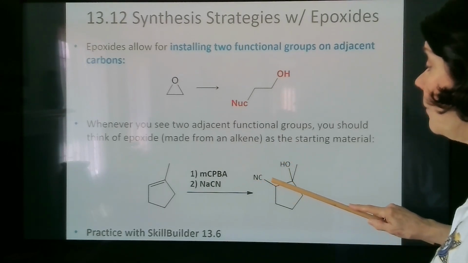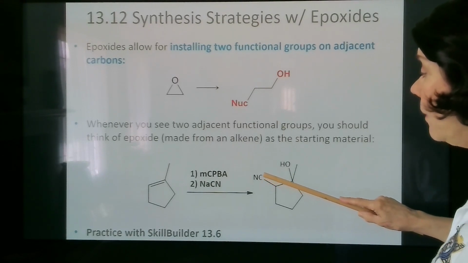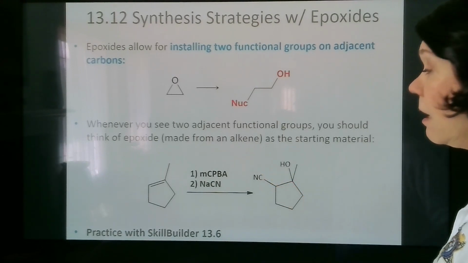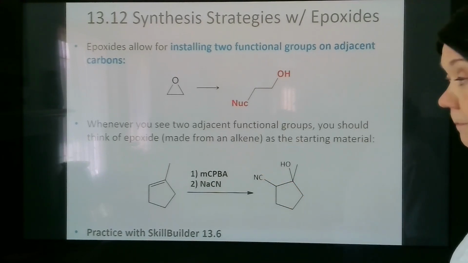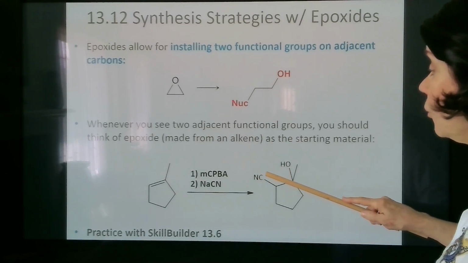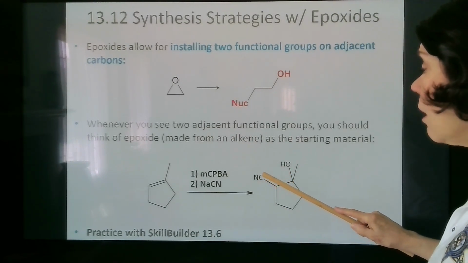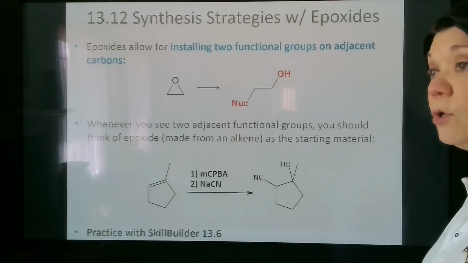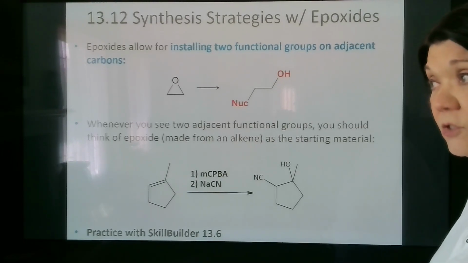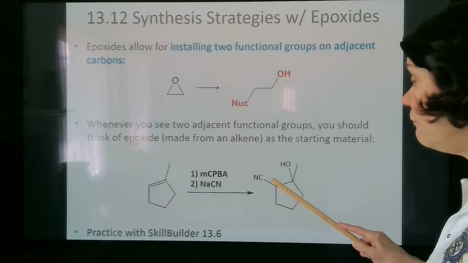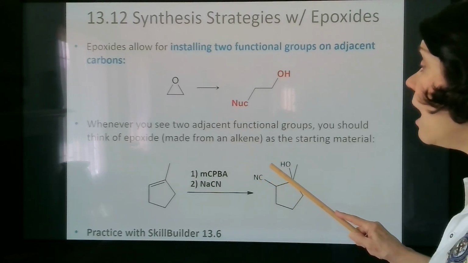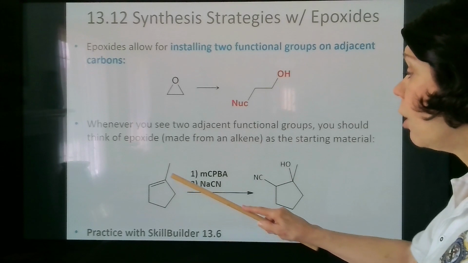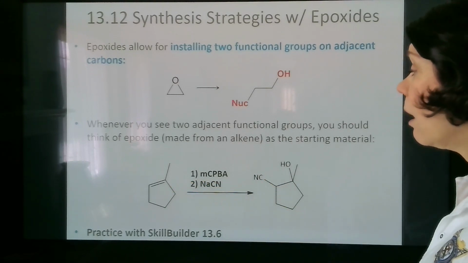Notice that this is another example of a carbon-carbon bond formation. So this is one of those important carbon-carbon bond forming reactions that you need to add to your list so that you can remember it. You have very few of these, and this is a way of augmenting the carbon skeleton by one carbon atom.